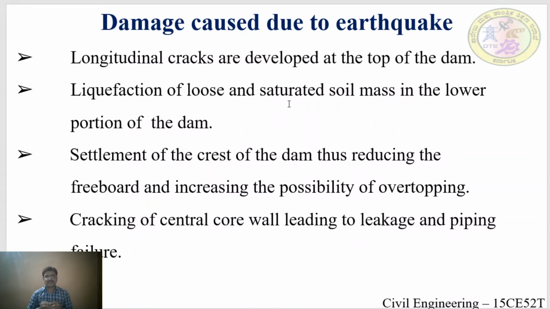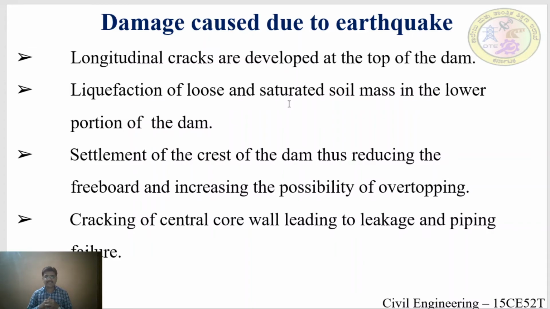Damage caused to earthen dam due to earthquake. First one, longitudinal cracks are developed at the top of the dam, at the crest portion of the dam, and hence liquefaction of loose and saturated soil mass in the lower portion of the dam takes place.